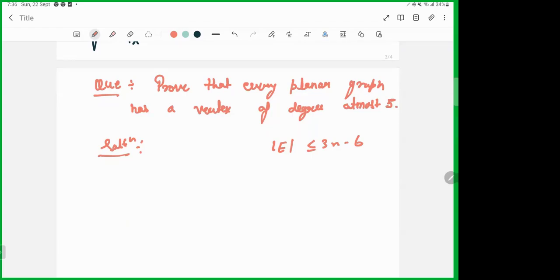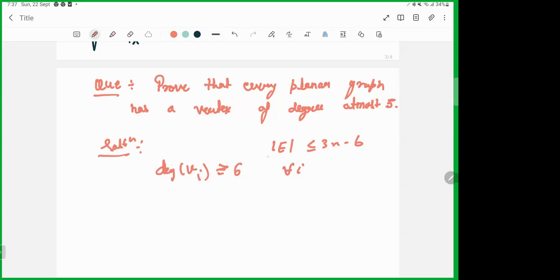Suppose every vertex has degree greater than 5, so at least 6, for all i.